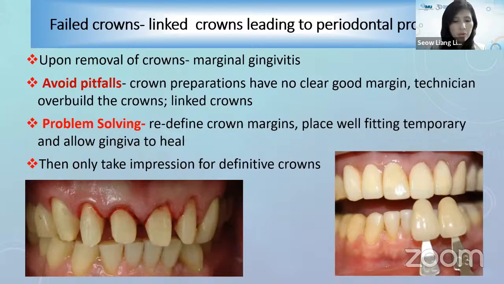So these two are the pitfalls that we should avoid. We solve the problem by redefining the crown margins and placing individual crowns. After removing the prosthesis, we put in well-fitted provisional crowns to give time for the gingiva to heal.